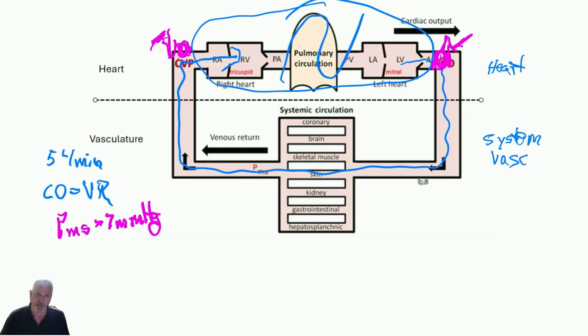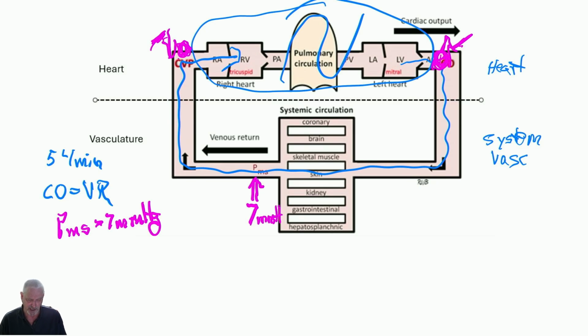And we'll talk a little bit more about why the number is 7 when we talk about mean systemic filling pressure. But for now, from the point of view of our model, let's say that no matter how fast the pump is moving, there's a point in our circulation where the pressure is always 7 millimeters of mercury.